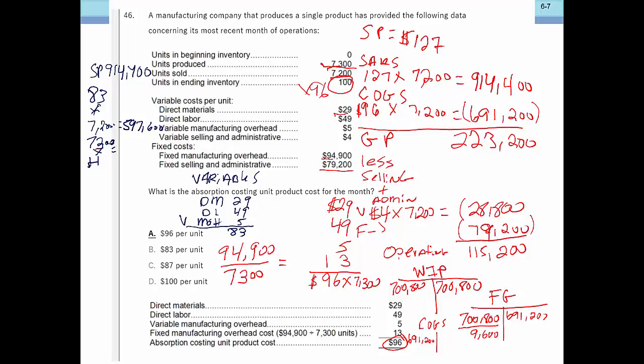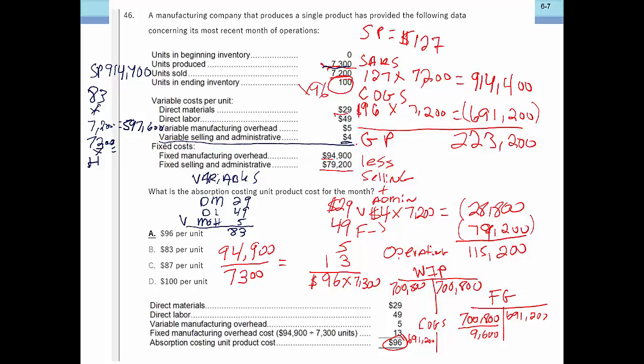I made a mistake. It's 7,300 times what? It's 7,300 because it's the units sold, since these are selling costs. Units sold, selling, right? $4 is my variable selling and administrative expenses, which is what I'm taking off right here.